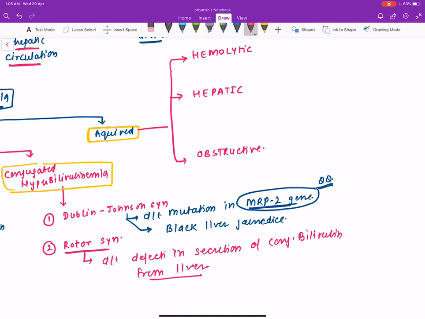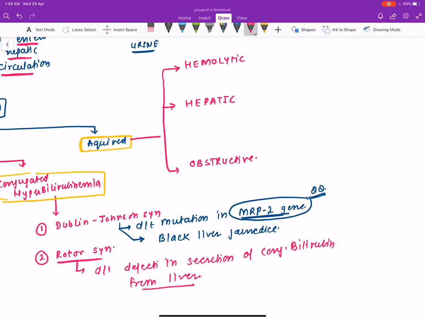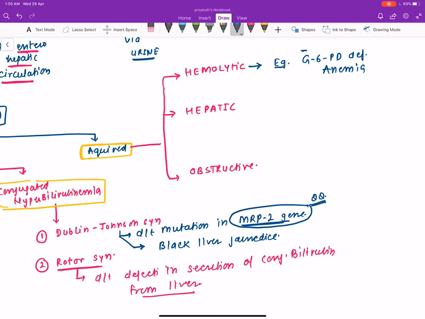It can be a hemolytic cause, a hepatic cause, or an obstructive cause. An example of hemolytic: let's say someone is suffering from G6PD deficiency anemia, which means there are increased chances of hemolysis. Whenever there is increased hemolysis because of this deficiency of G6PD, this condition can lead to a hemolytic hyperbilirubinemia.